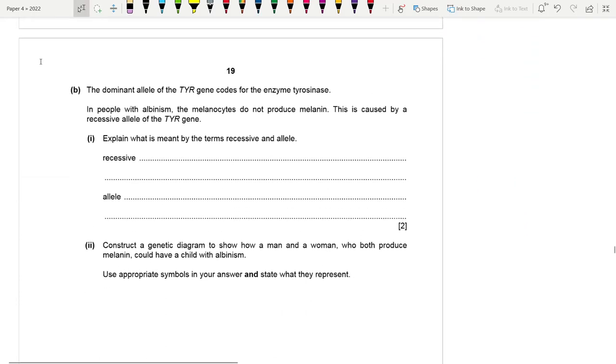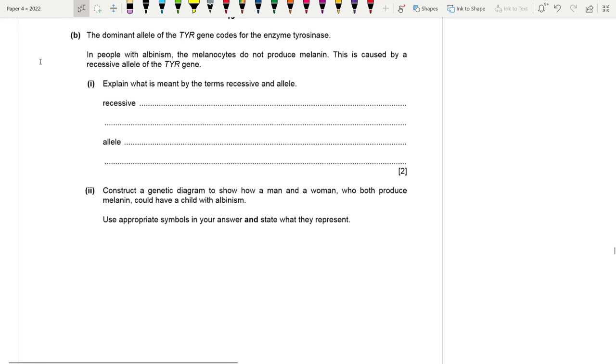So the dominant allele of the tyrosinase gene codes for the enzyme tyrosinase, TYR gene. In people with albinism, the melanocytes do not produce melanin. This is caused by a recessive allele of the TYR gene. What is meant by recessive and what is meant by allele? So basically, what is an allele? An allele is a different form or variety of a gene.